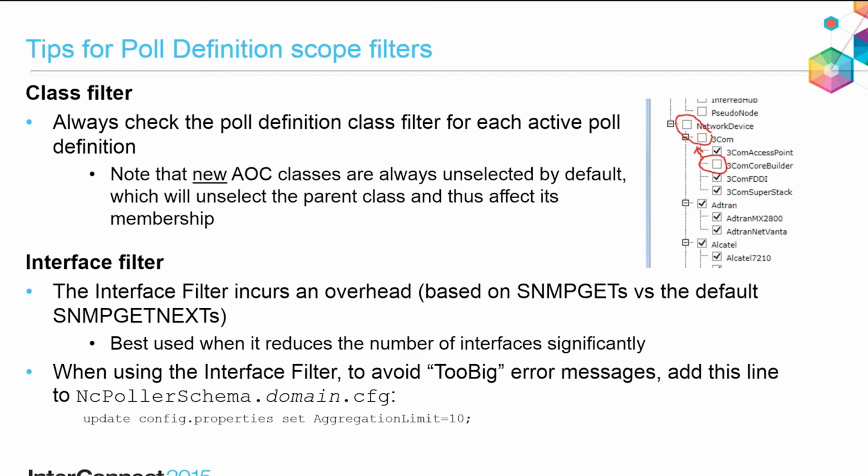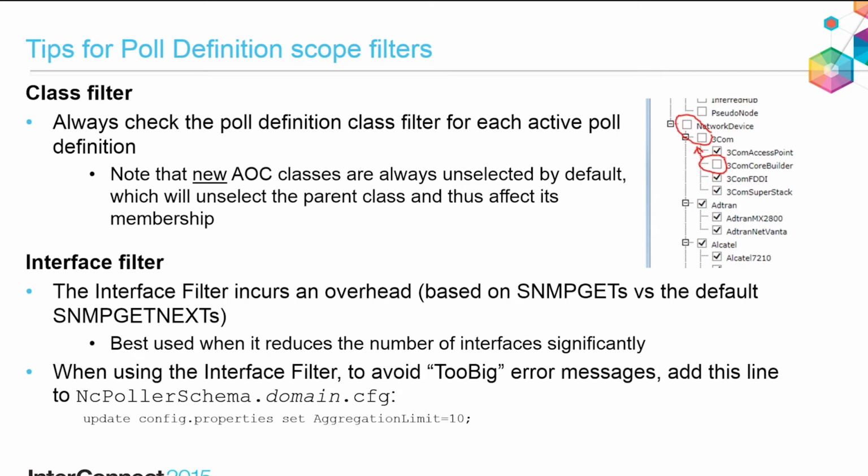The interface filter, this can be very handy when you have large numbers of interfaces and you don't want to poll all of them. So it can save polling time and resources. One thing to note here, there is an overhead for using the filter because we're now doing SNMP gets individually instead of a more efficient SNMP get next.